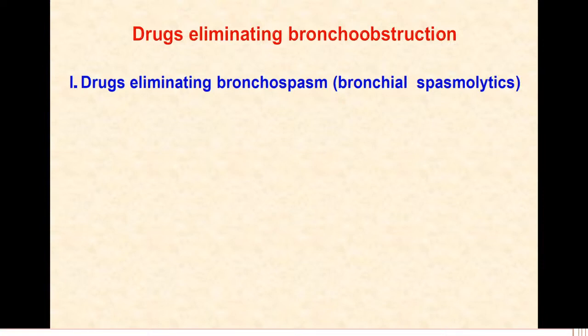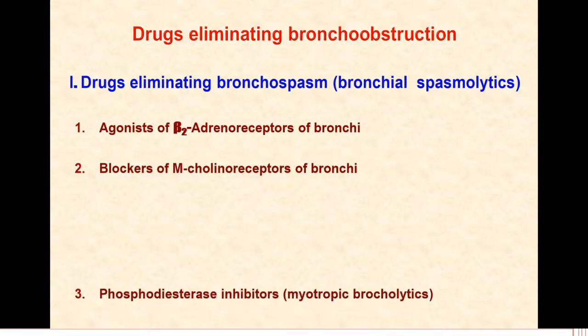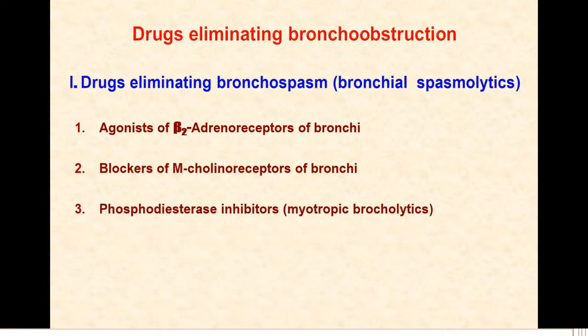Drugs eliminating bronchoobstruction include drugs eliminating bronchospasm, 1. We see three groups by the mechanism of action in bronchiolytics: agonists of beta-2 adrenoceptors of bronchi, blockers of M-cholinoceptors of bronchi, and phosphodiesterase inhibitors or myotropic bronchiolytics.